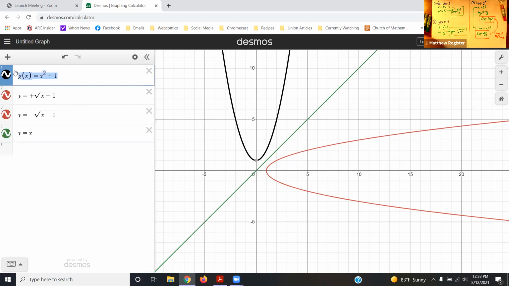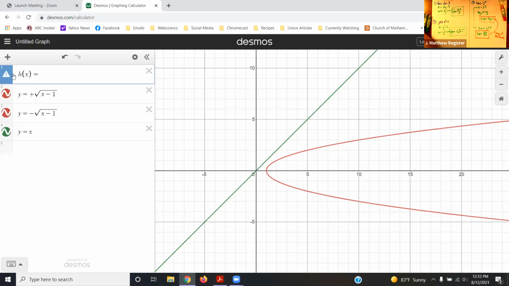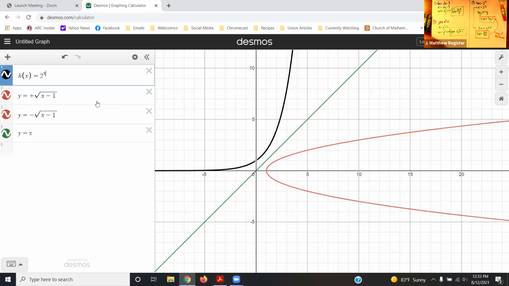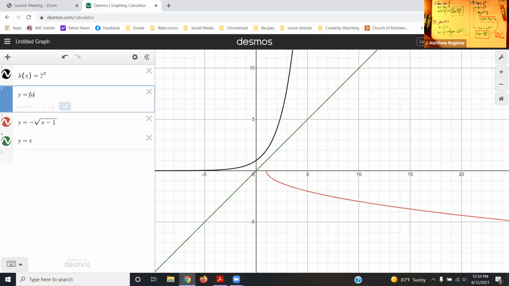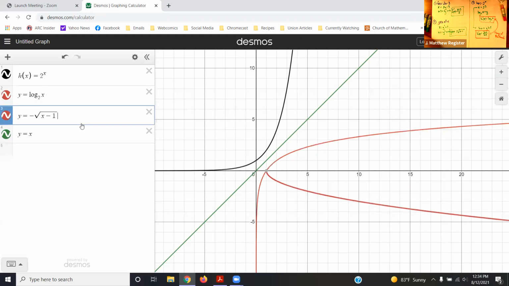With our third function, which was h of x equals 2 to the x, the solution we got was y equals log base 2 of x. And notice that again, it's a mirror reflection. And so that's one way you can verify if something is an inverse.